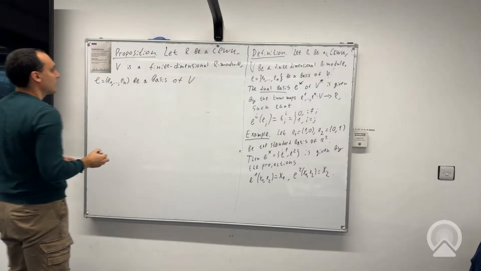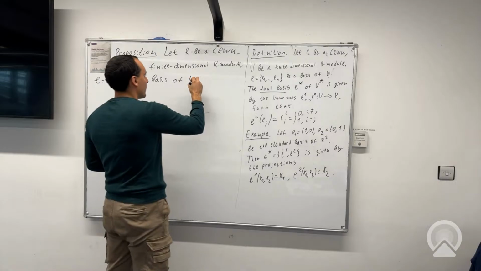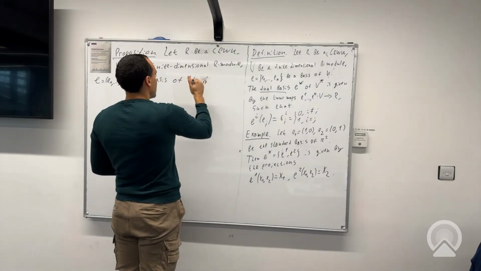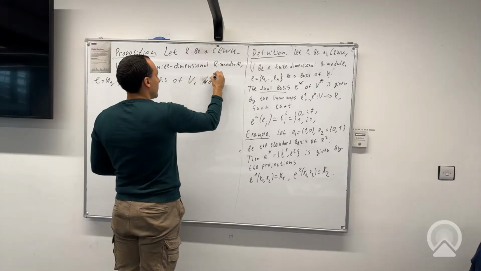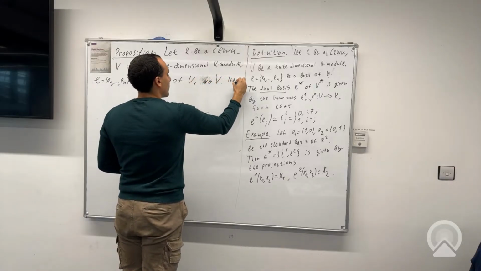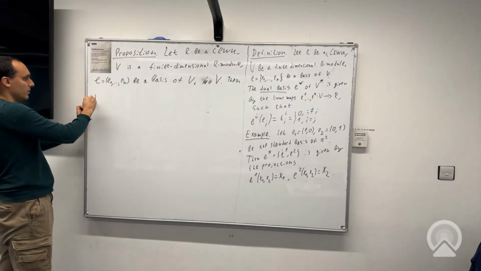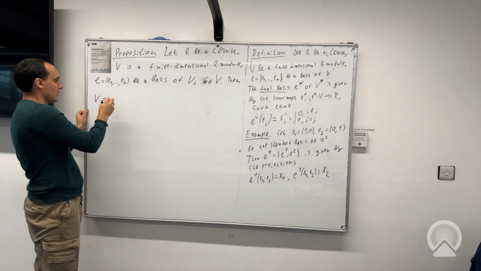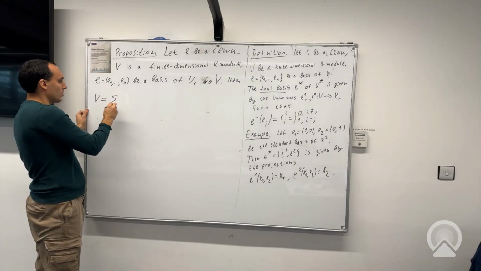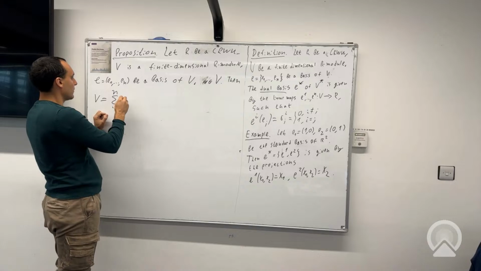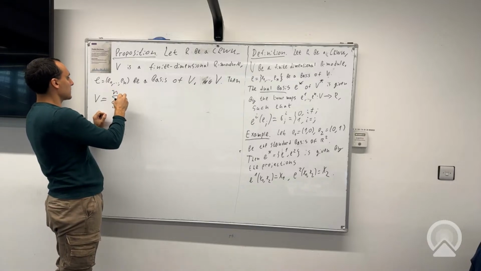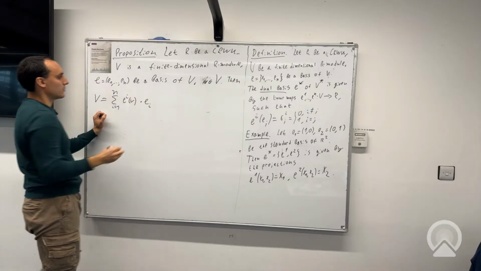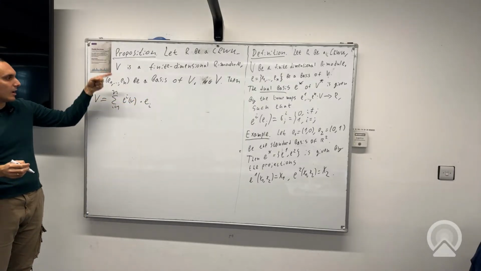Let V be a finite-dimensional R-module. Take a basis E of V, and take some vector v. Then v equals the sum over i from 1 to n of E^i(v) times E_i.